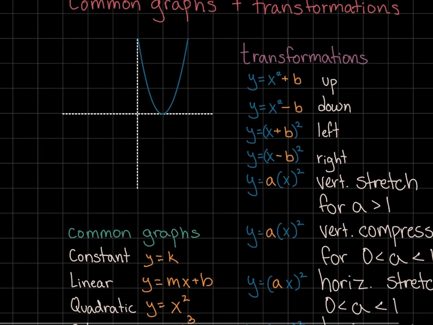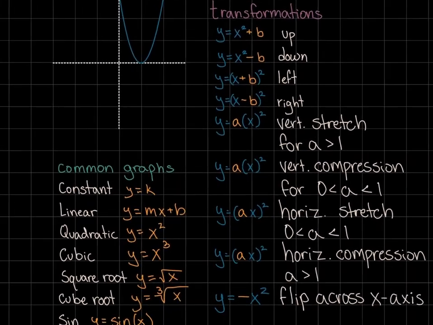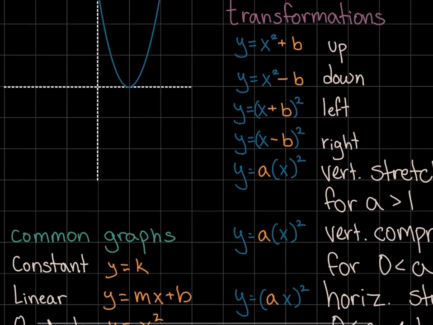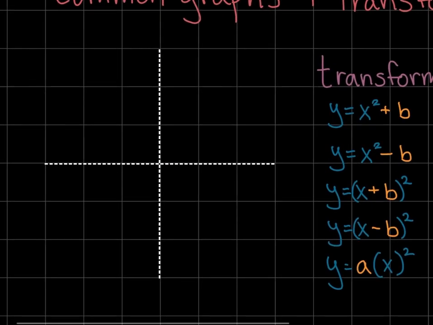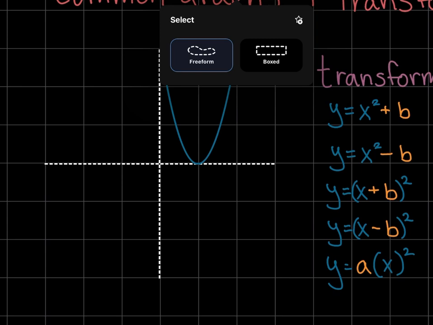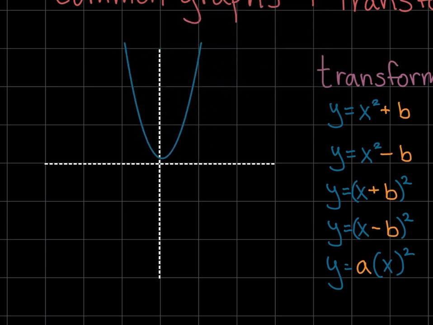After that, you have vertical stretches, which are on the outside of the parentheses. And this changes what the graph is going to look like.